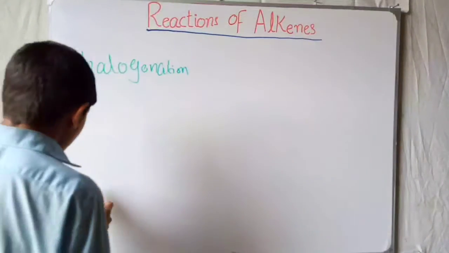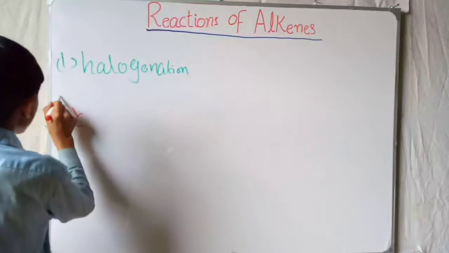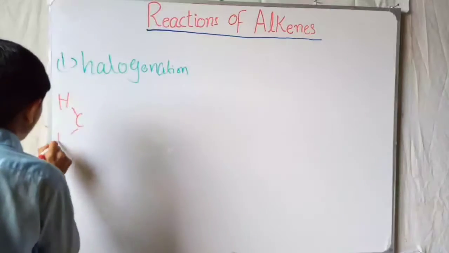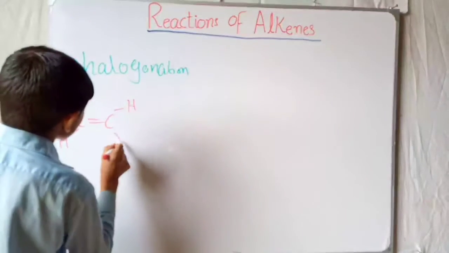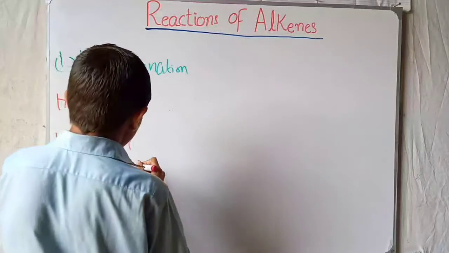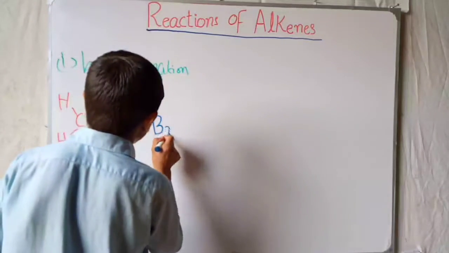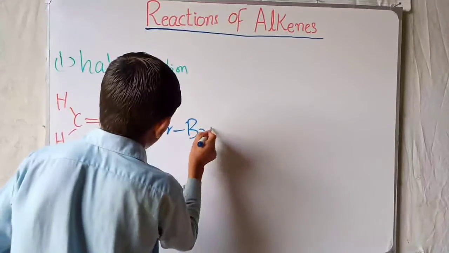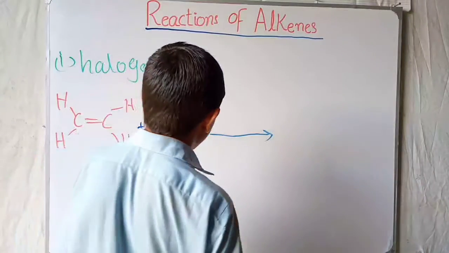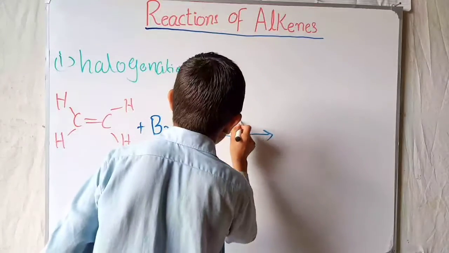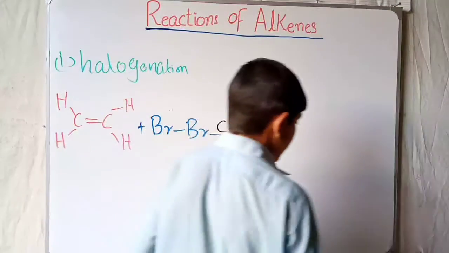This is ethene, a carbon double bonded to another carbon, and when we react it with bromine, Br and Br, in the presence of carbon tetrachloride, CCl4, what will it give us in the product?